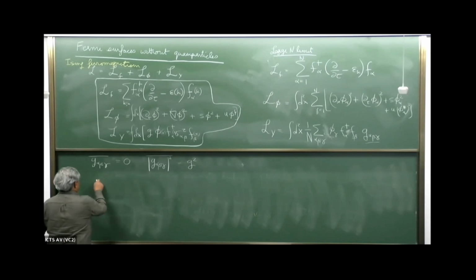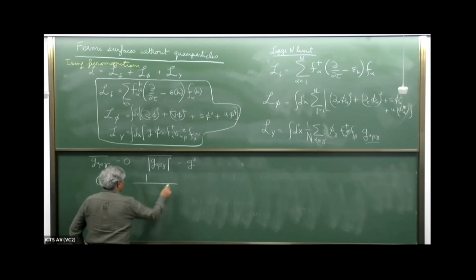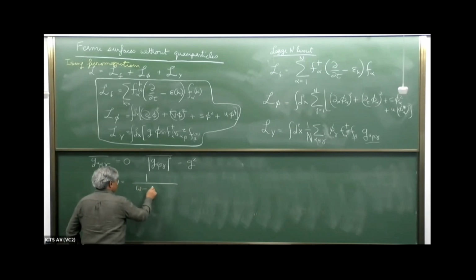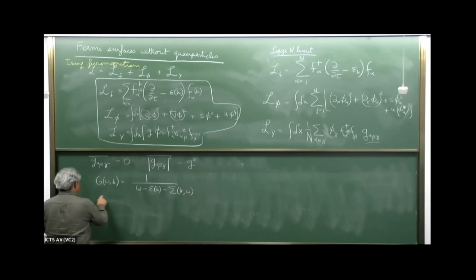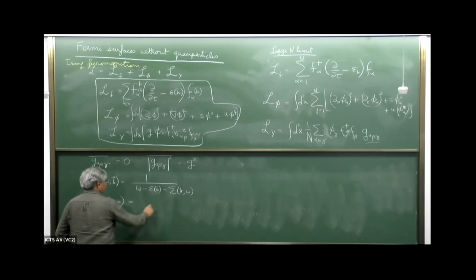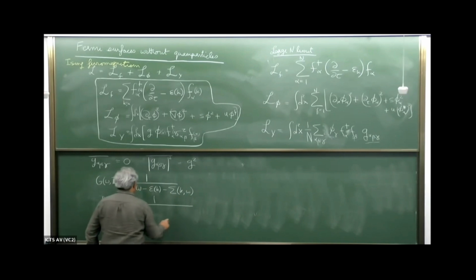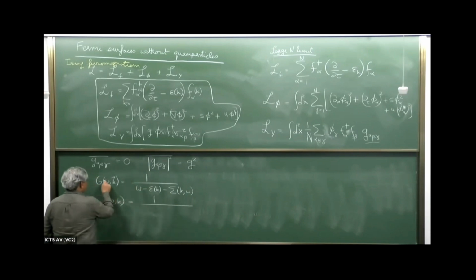So the fermion Green's function, G of omega and K, will be something like this, minus some self-energy of K and omega. And the boson Green's function, which I call D, this K can be arbitrary, this K will be small, will be 1 over, I'm going to work in imaginary frequency.